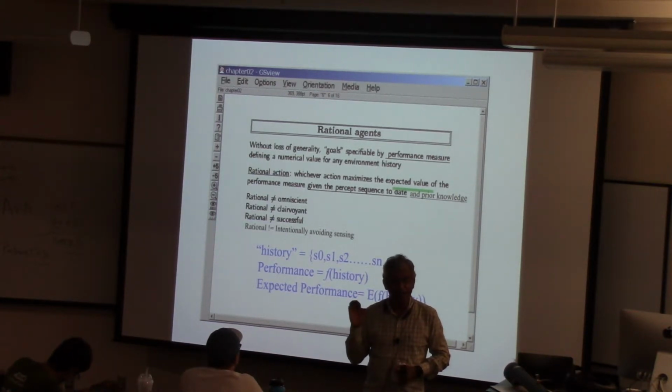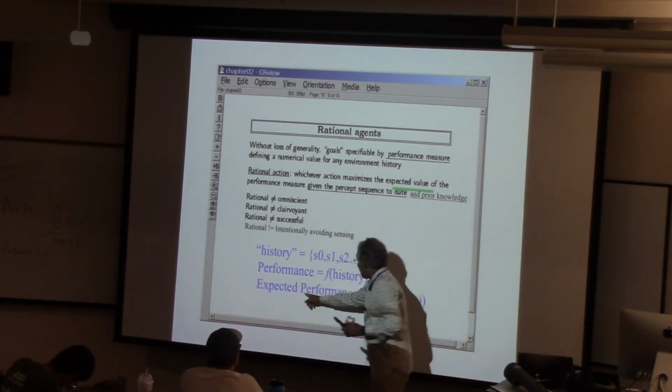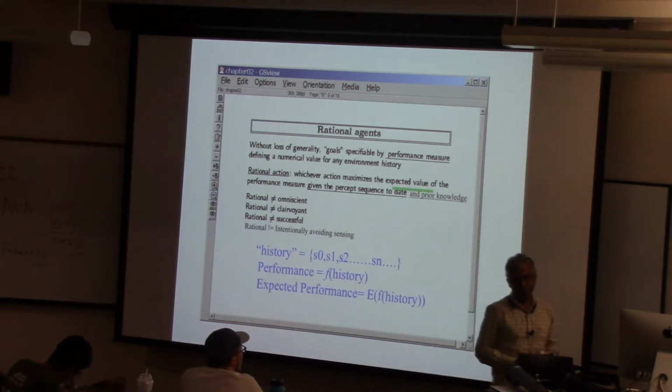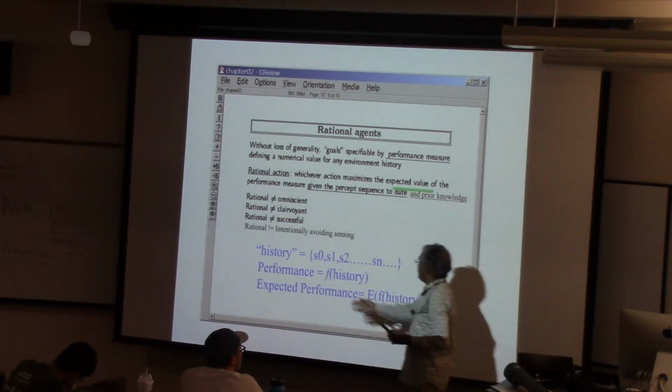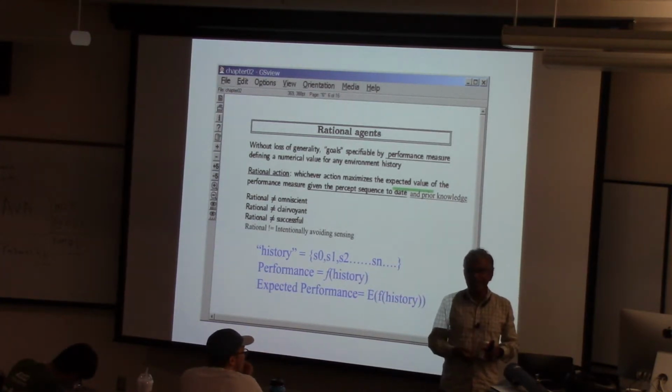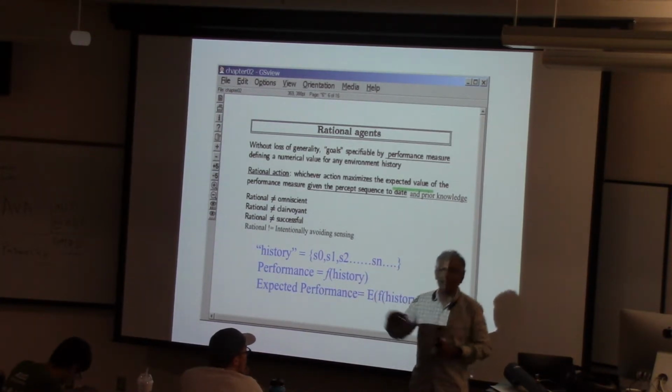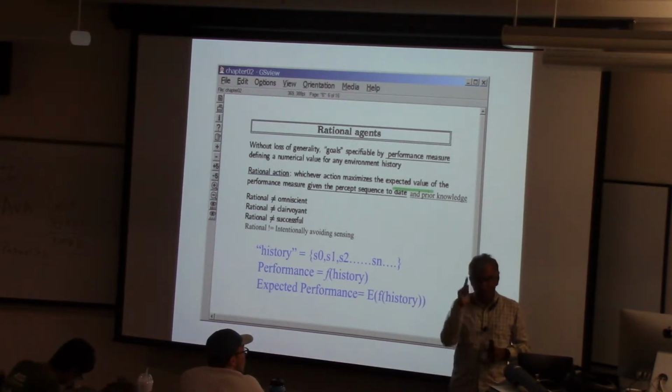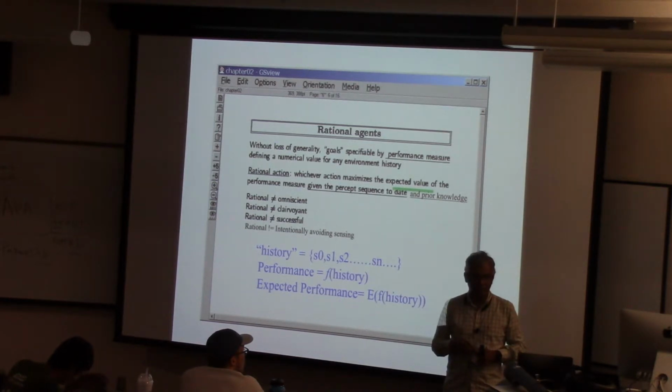How do you deal with that? You consider expected performance. If the agent's decisions were done multiple times, it might have had multiple different outcomes. It only lives one life, but it could have had multiple different outcomes. Okay?